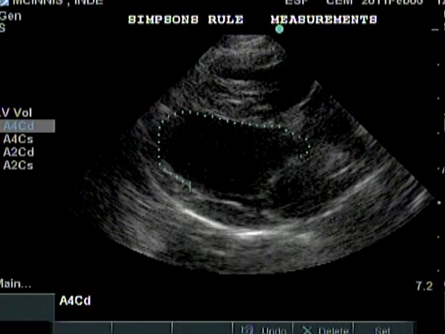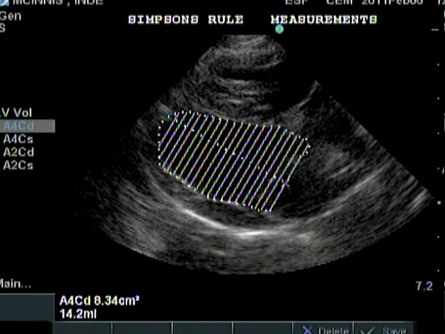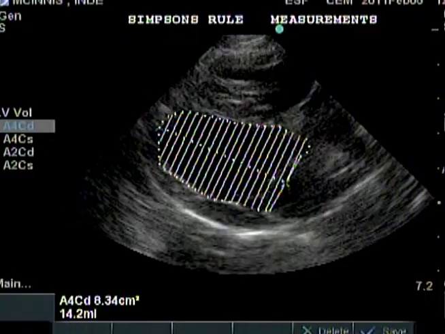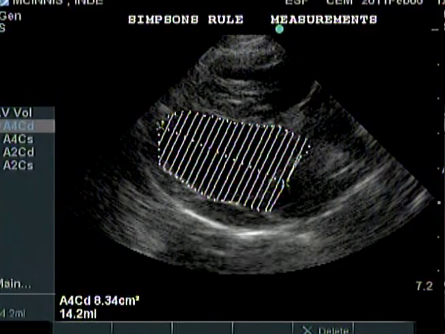Press Select and use the trackball or touchpad to adjust the cursor at the apex. The ultrasound machine divides the ventricle into a number of discs and calculates the volume. Save this measurement.